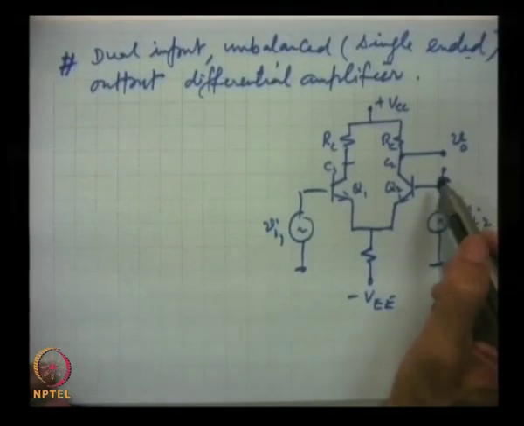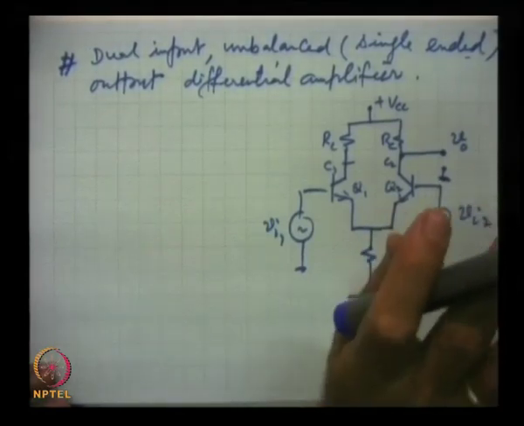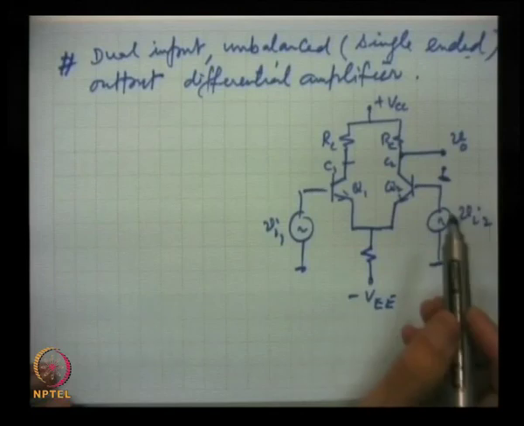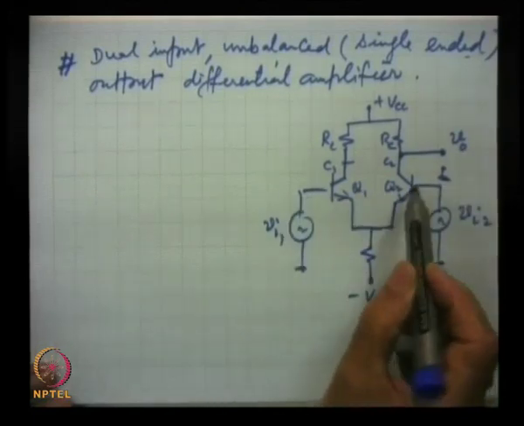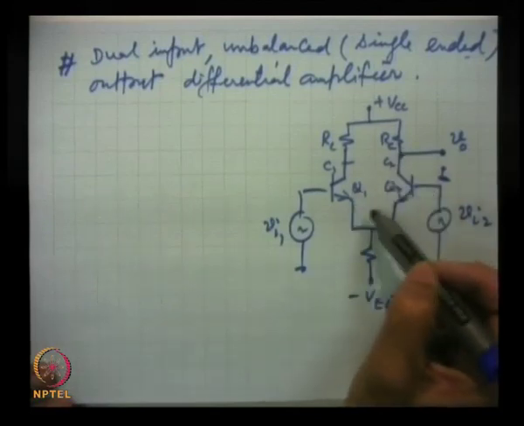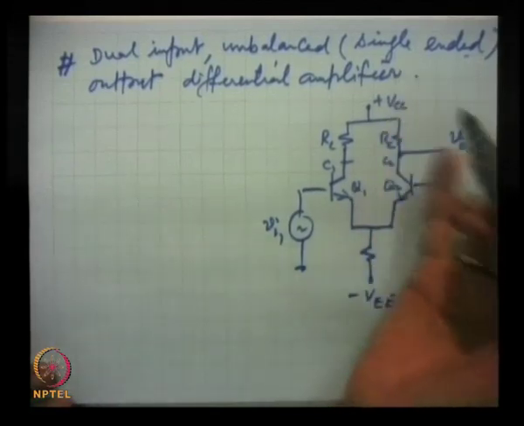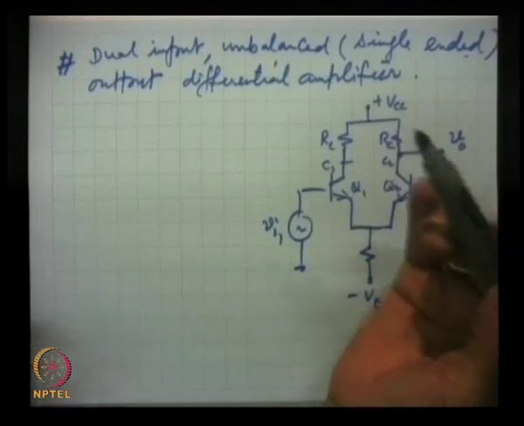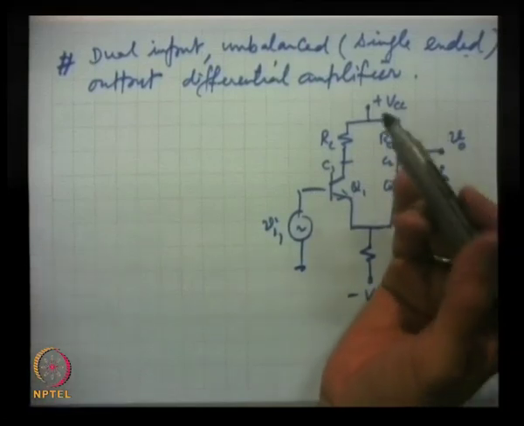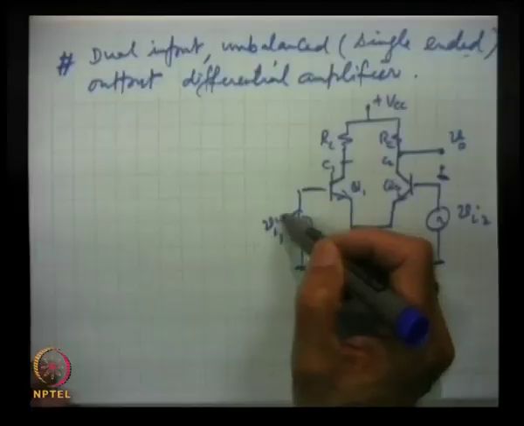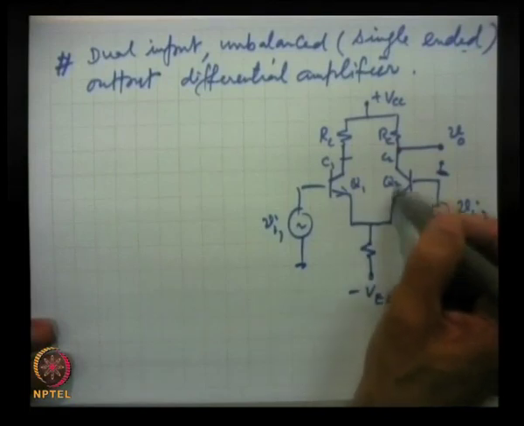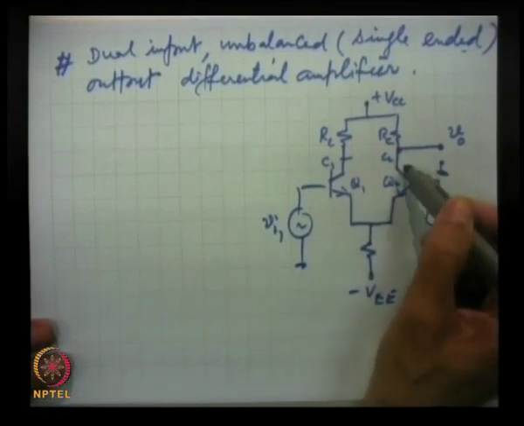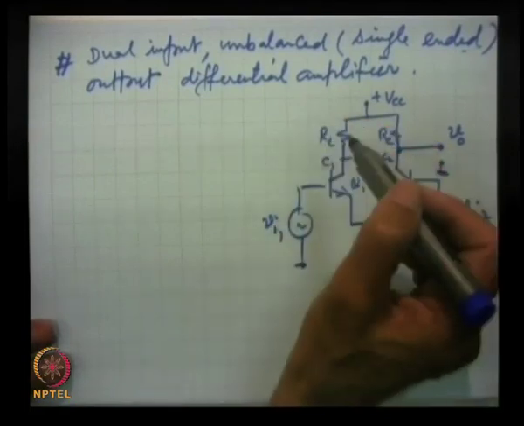In this case, only one point is to be remembered. Let us look at the signal. The signal will be amplified, but the amplification factor will be half of the previous case, because here this signal was amplified here also, and it is amplified here also, and similarly the other one.